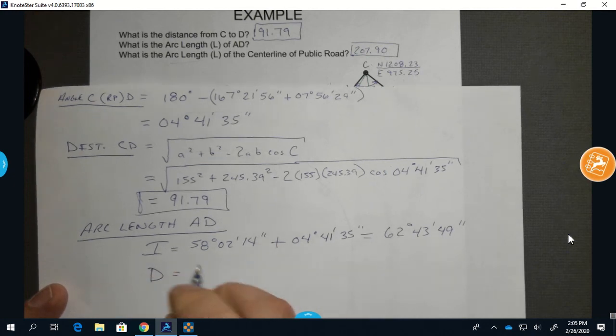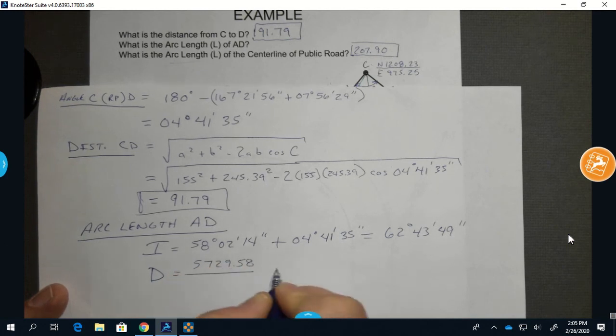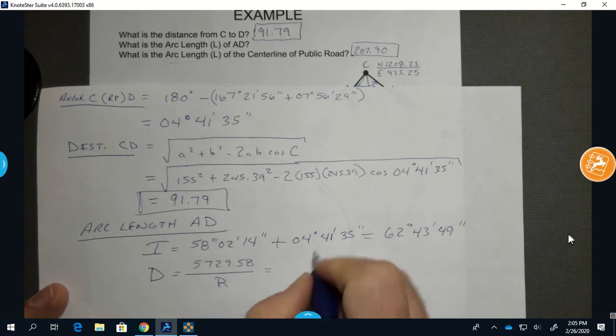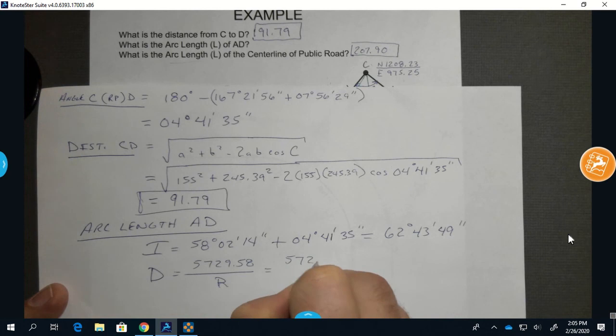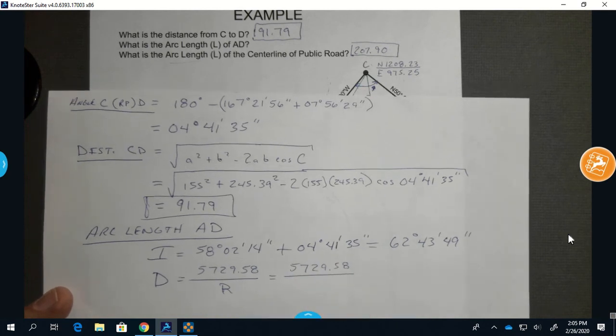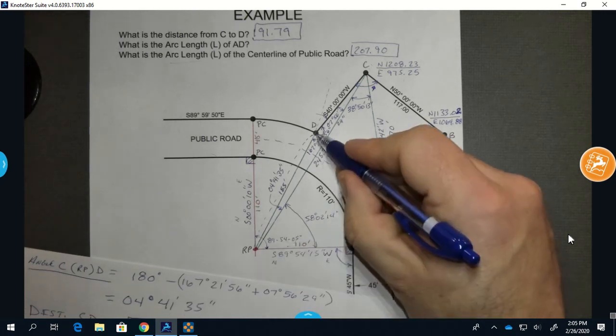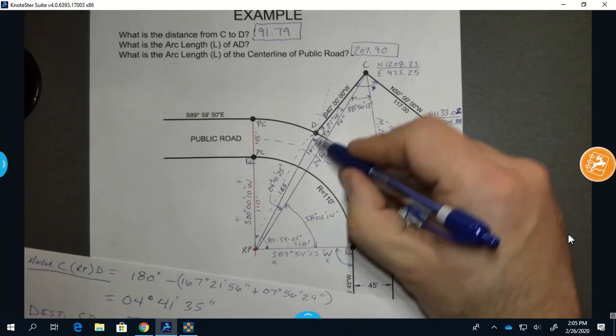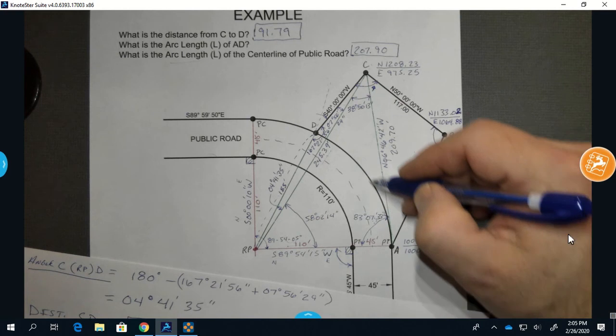So D is 5729.58, that's the constant, divided by R. Okay, so what is R in this example? R here is 155, this distance, so the radius of our arc right here.